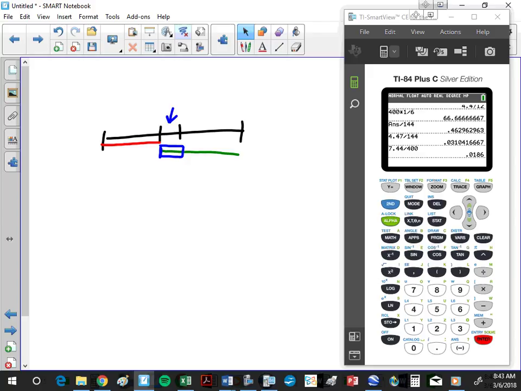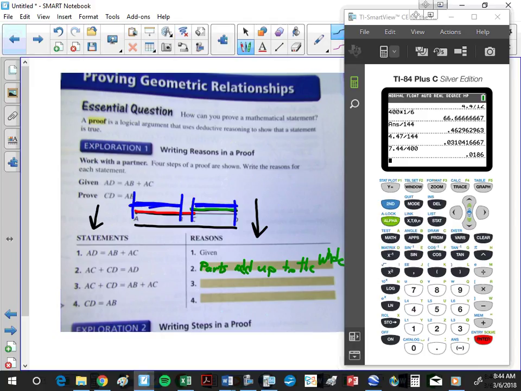Agreed? So now this lines up with that, and I already showed that this piece and this piece are the same size. Does that make sense? Okay, so let's go back to our proof.